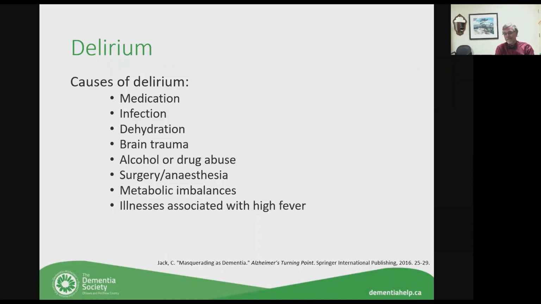An infection may be treatable. And if the infection goes away, then maybe the delirium will go away and we'll be at a premorbid state. So the tricky part is if you have dementia, you're more likely to get delirium.